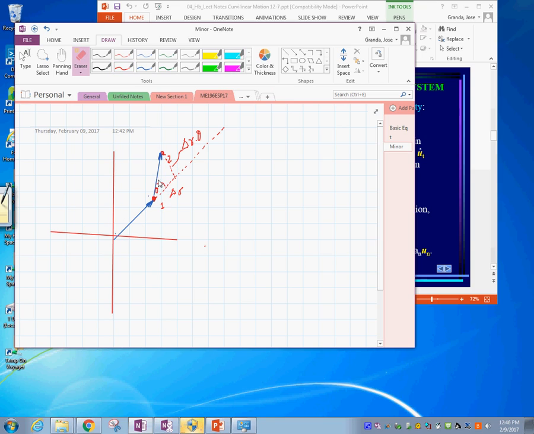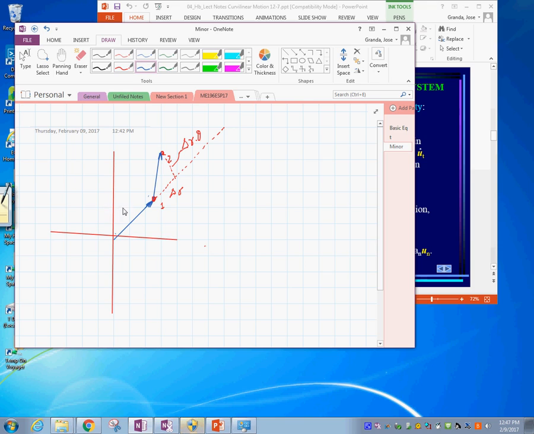We need to be precise on how we do this. I just need to erase the red, not the blue, just to make it correct. All right.